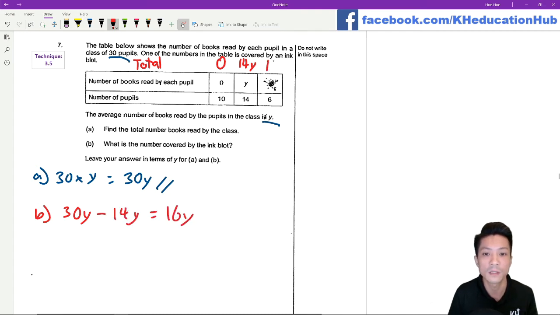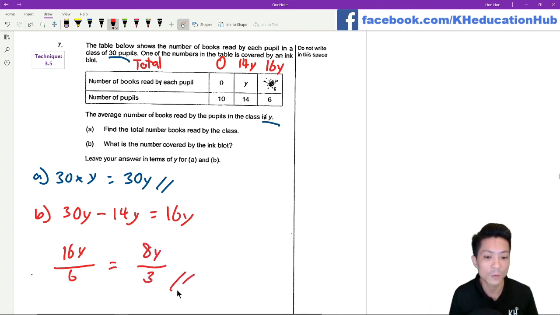This is a 16Y. Okay, to find the number of books, we're gonna use the total divided by 6, which means that the answer for part B would be, change this to the simplest form, divided by 2, 8Y over 3.